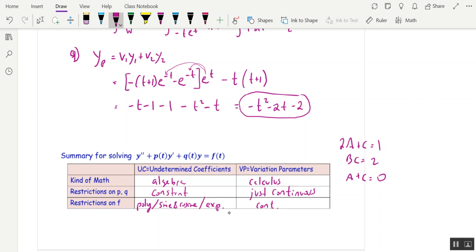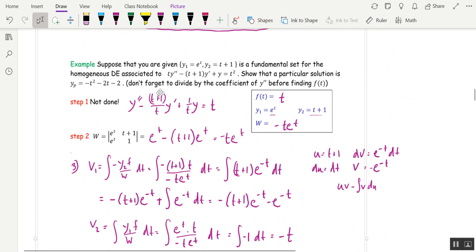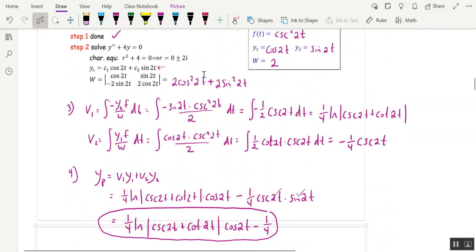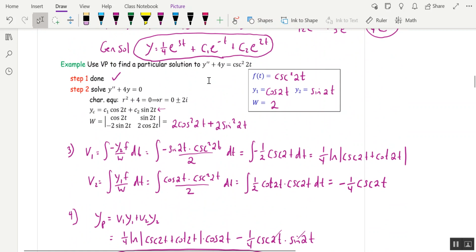So you've got two methods that you can use. Some students like one more than the other. It really just depends. And some problems, like, for example, this last one we did, can only be solved using variation of parameters, but many can be solved using both. Anything you can use UC on, you could also use variation of parameters on.